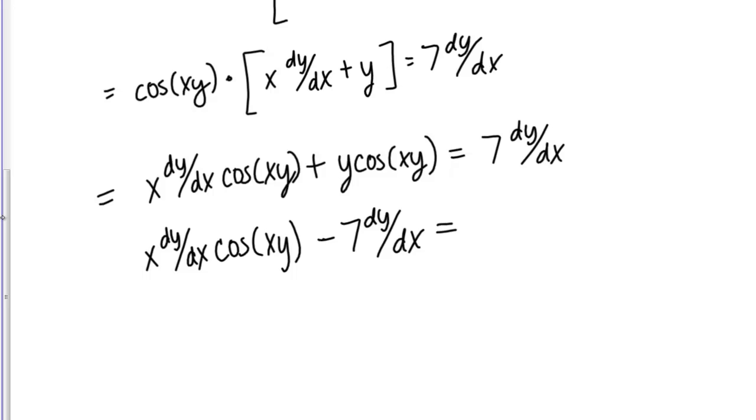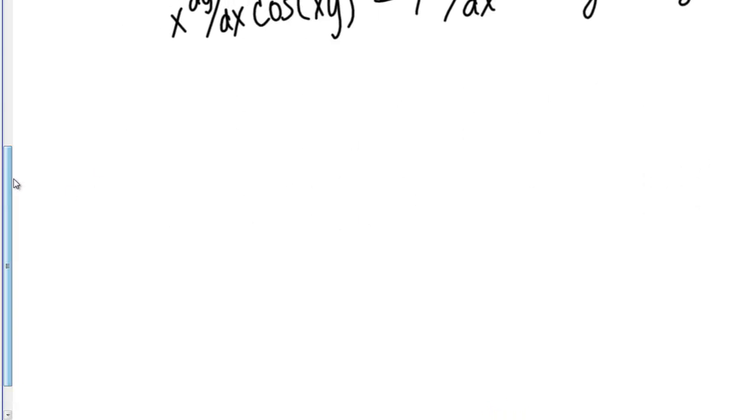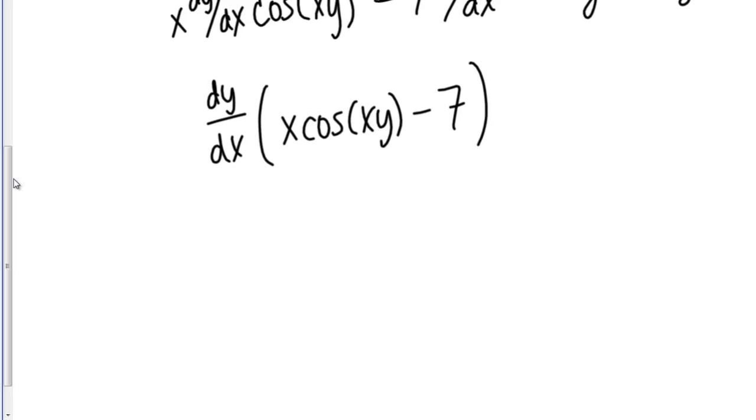And then it equals negative y cosine xy. So I've separated things so that all dy/dx terms are on one side and everything else is on the other. What this allows me to do is factor out a dy/dx. So dy/dx times a quantity x cosine xy minus 7, equals negative y cosine xy on the right.